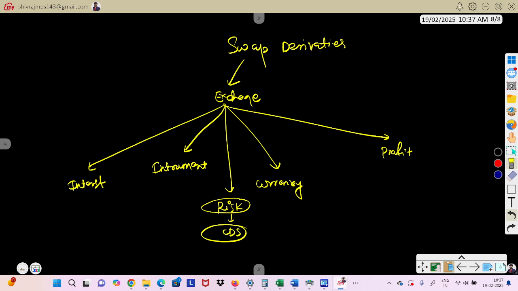So eventually you can take a protection cover for your investments against market uncertainties. That is your risk cover. What about currency? What about profit exchange or swap? What about instruments? Why do we swap these?